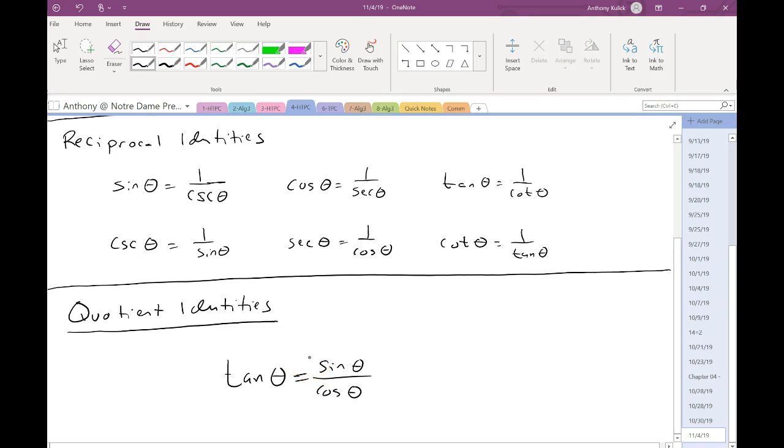We just talked about this when we described how to find tangent on the unit circle, right? Tangent is y over x, where y was the value for sine and x was the value for cosine. And if tangent and cotangent are reciprocals, then cotangent would be cosine over sine.